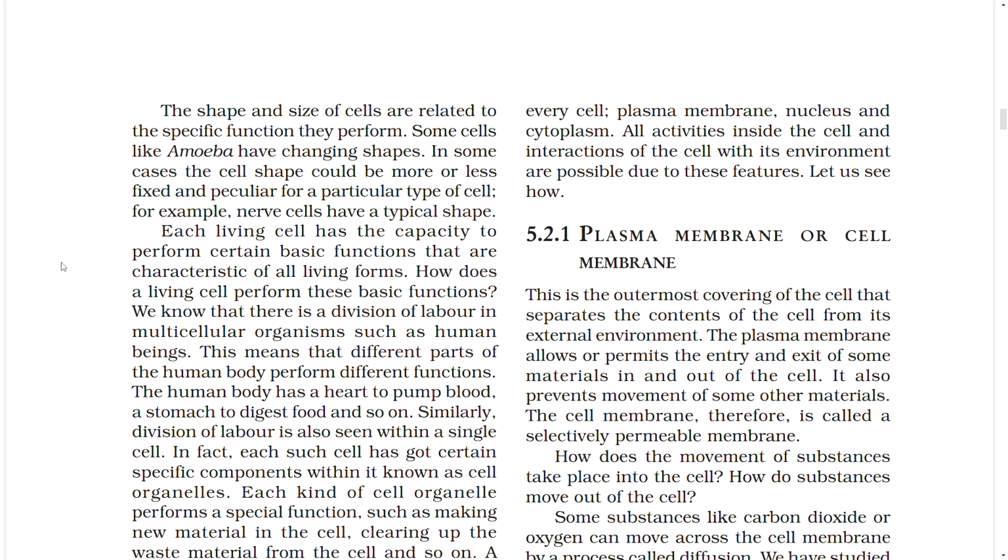Similarly, division of labor is also seen within a single cell. In fact, each such cell has certain specific components within it known as cell organelles. Each kind of cell organelle performs a special function, such as making new material in the cell, clearing up the waste material from the cell, and so on.